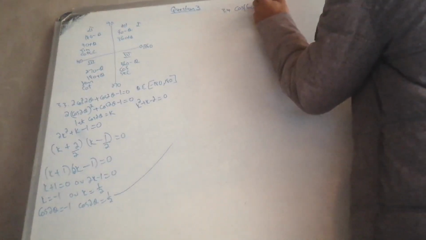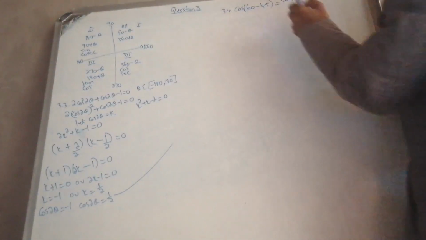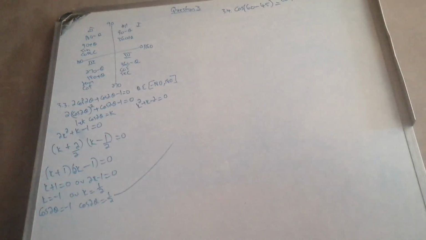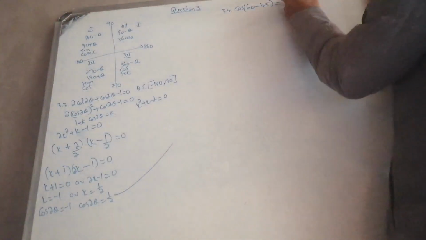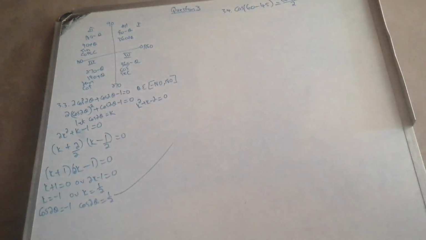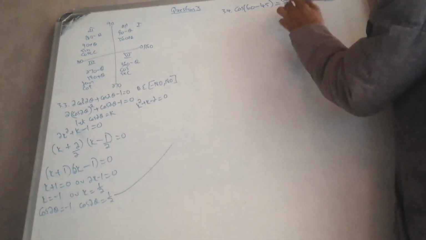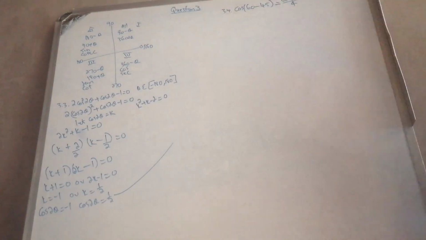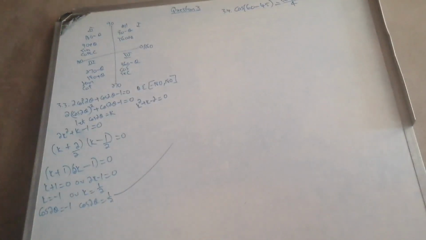This is a grade 11 problem. This is equal to root 2 plus root 6 divided by 4. We should prove that the left is equal to the right.